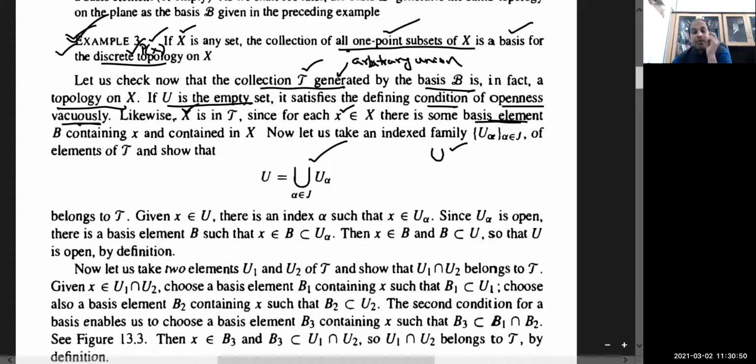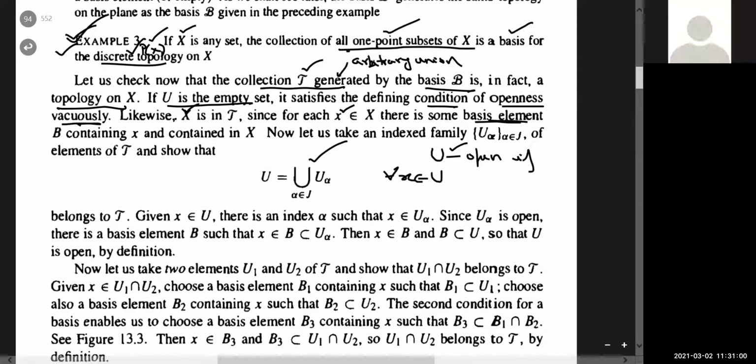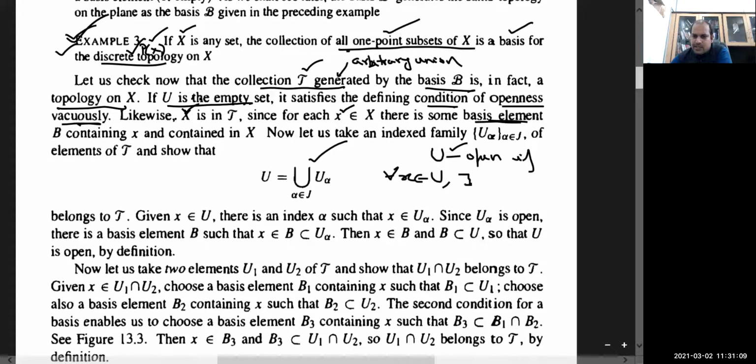Just before this, the definition of open set that we gave in terms of basis, if you recall it, U is said to be open if for every x belonging to U, just write it and then compare it with this one. Any set is said to be open if for every x belonging to U, there exists at least one B from this collection basis such that x belongs to B and B is contained in U. This is what was written.